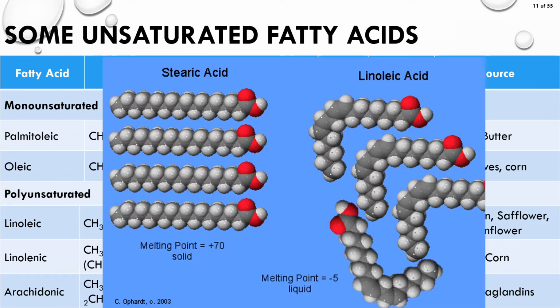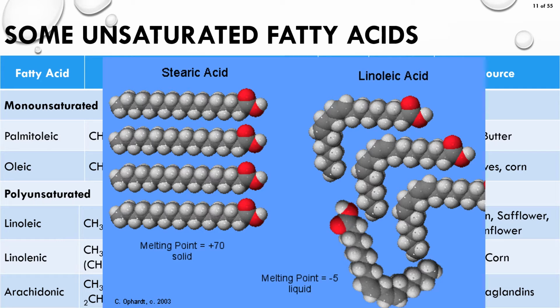So this molecular structure allows many fatty acid molecules to be rather closely stacked together, the one on the left side. It's linear, so it's easy to stack them together. As a result, close intermolecular interactions result in relatively high melting points. On the other hand, look at your right side, the linoleic acid.